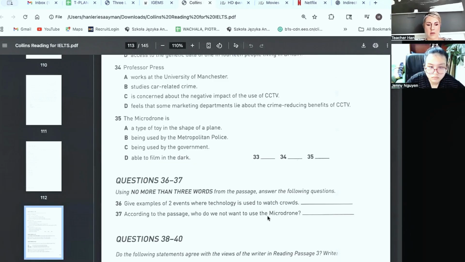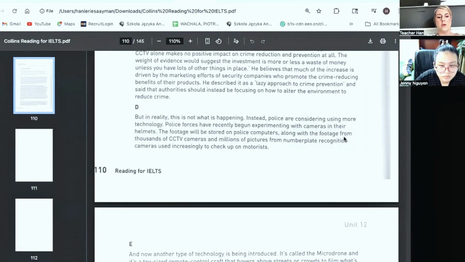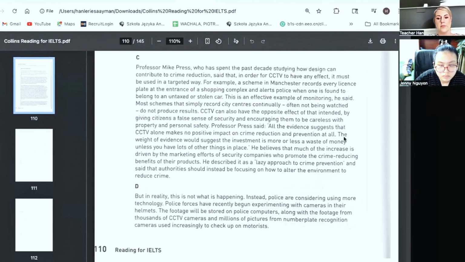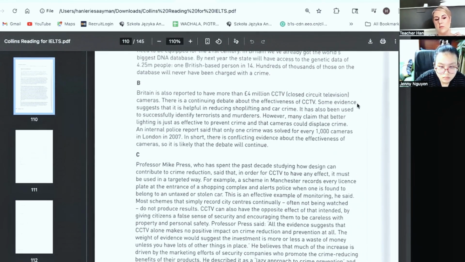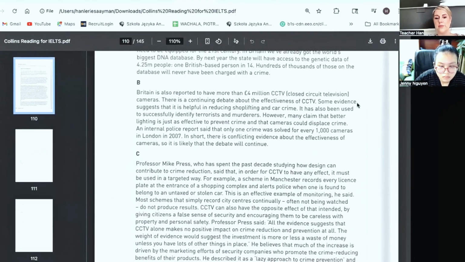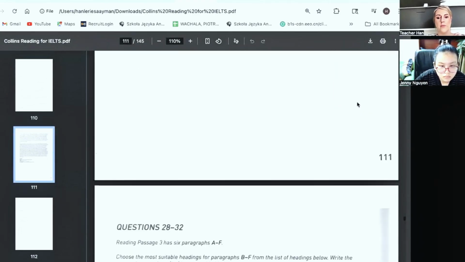Okay, do you want to have a look at the passage again? Yes, reading passage 3, because we are answering questions about passage 3. So the first one is rock concerts, but then there's another one. Football. Okay, so the football.